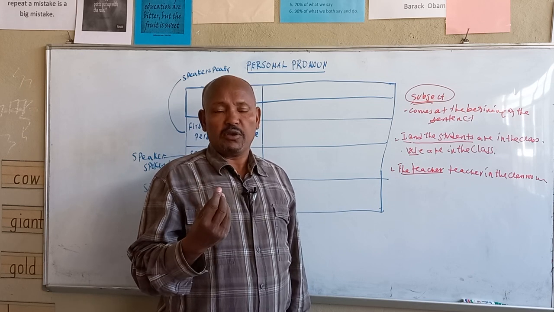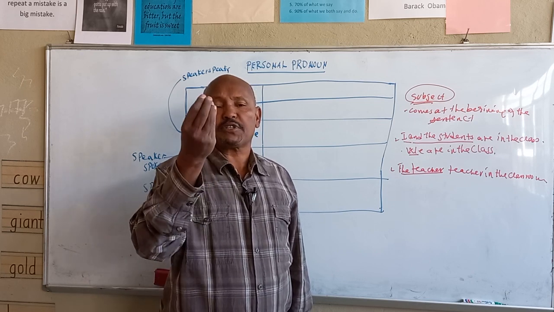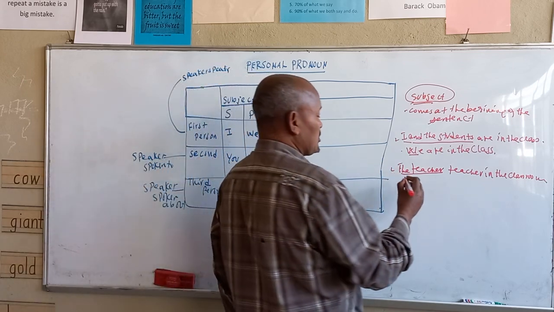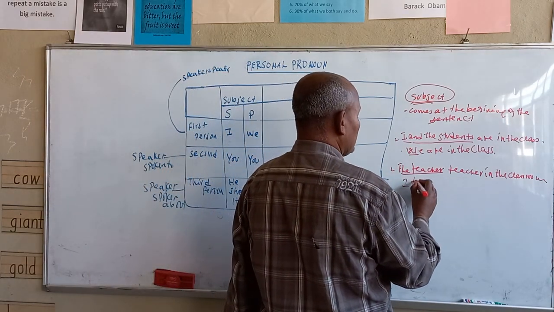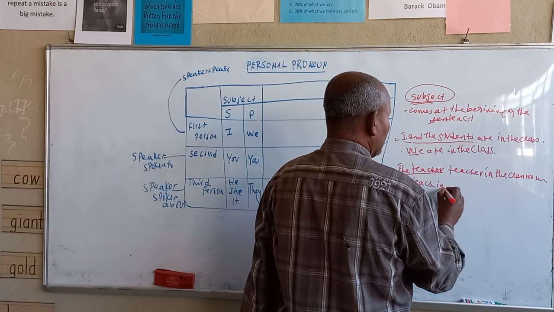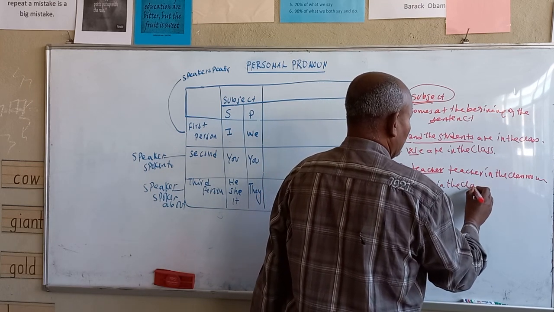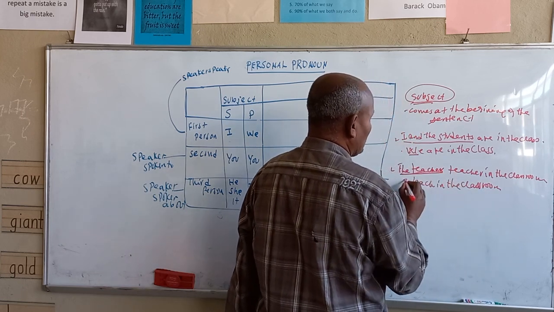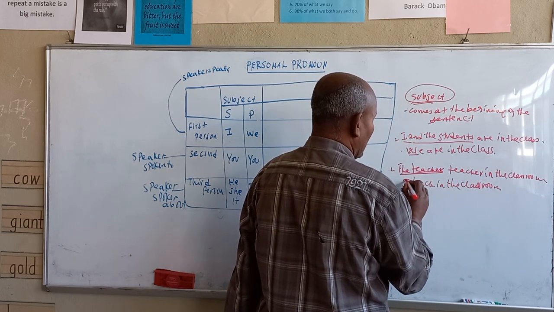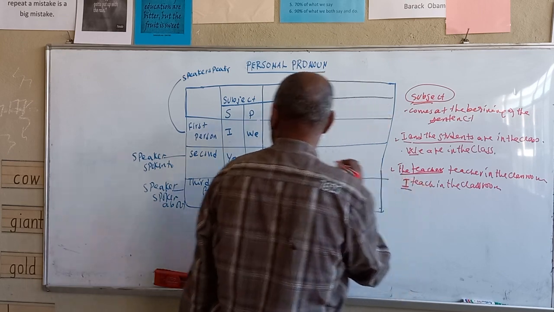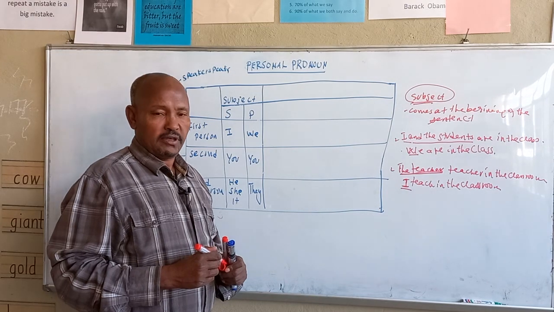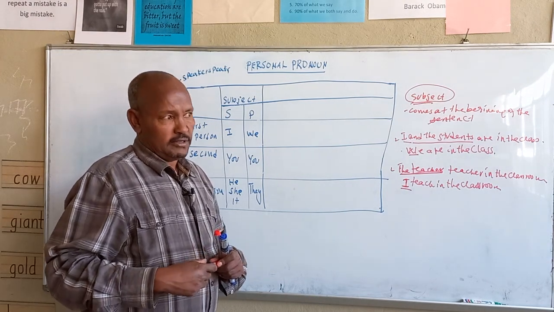So I want to show you how the pronoun I represents the subject, the teacher. So, I teach in the classroom. The teacher can be substituted with the correct pronoun I, which is first person.